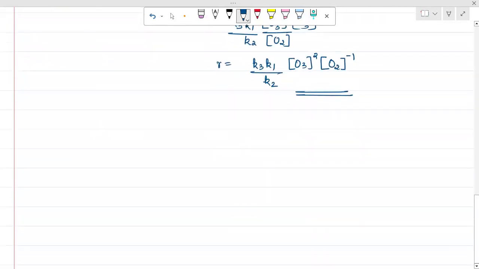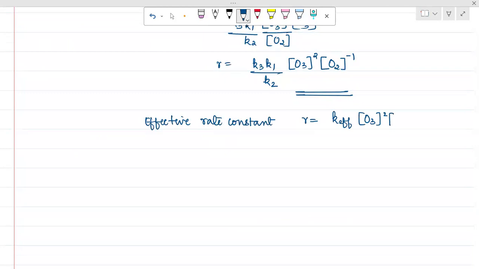So if they ask you the effective rate constant, how will you write? Rate is equal to effective rate constant into concentration of O3 to the power 2, concentration of O2 to the power minus 1. And thus K effective is equal to K3, K1 by K2.